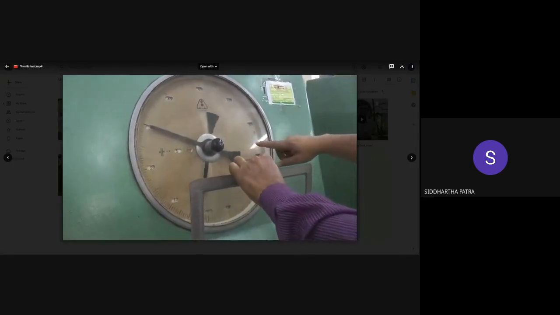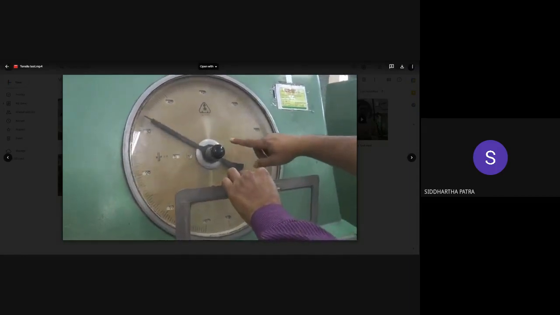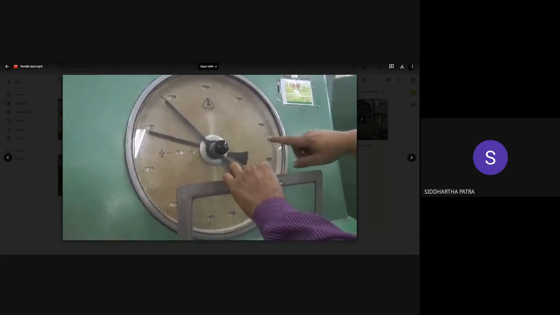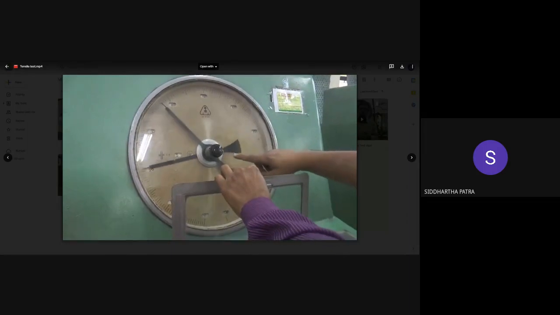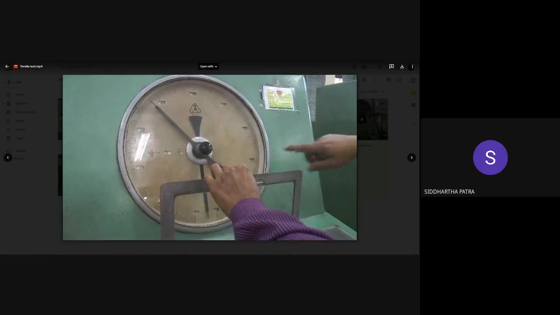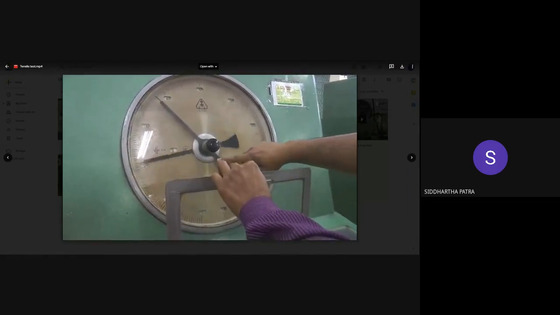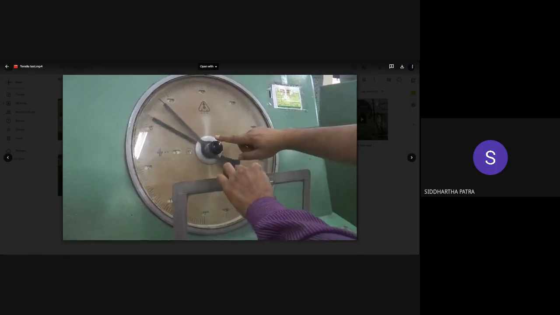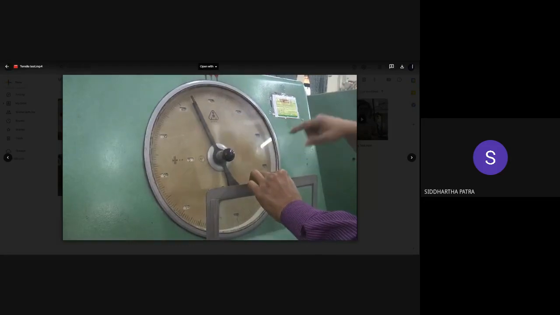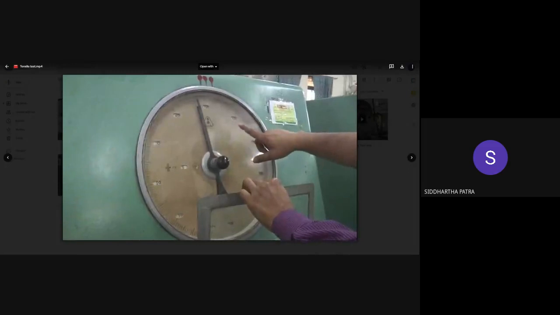So there are two pointers. The one that is currently moving, and the one which was initially stationary. When the moving one moves in the clockwise direction, that pulls the one that was initially stationary.